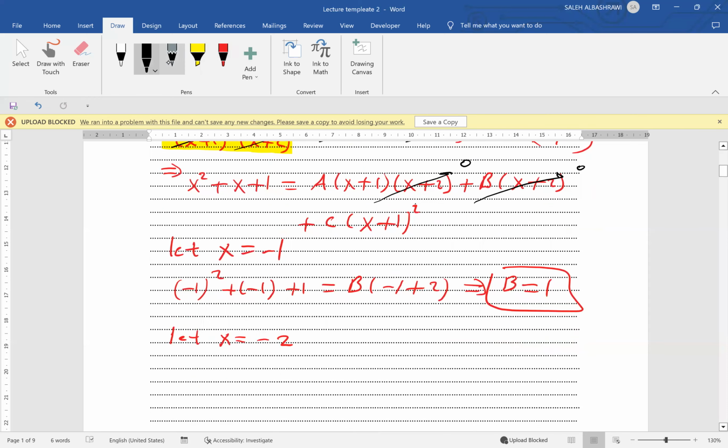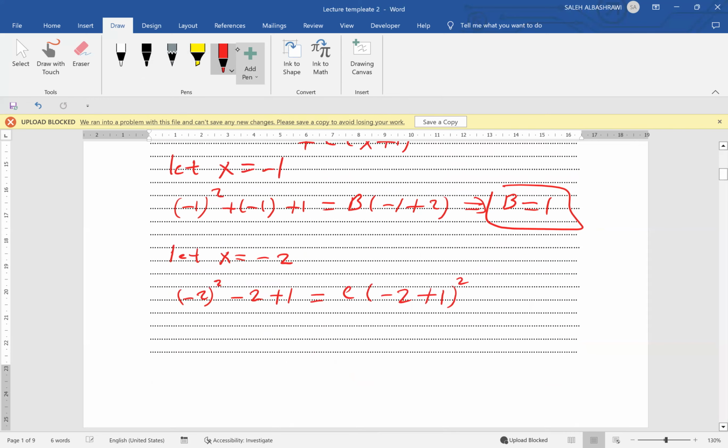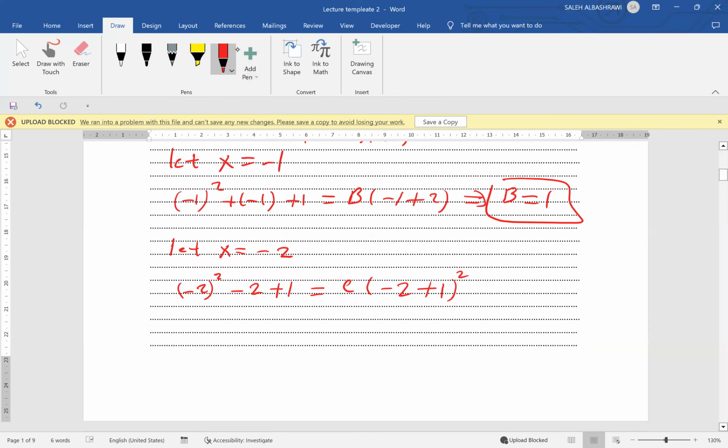So I'll have minus 2 to power 2 minus 2 plus 1 equal to 3 multiplied by minus 2 plus 1 all to power 2. On the left hand side, 4 minus 2 plus 1 is equal to 3. On the right hand side, minus 2 plus 1 is minus 1, to power 2 is equal to 1. So it is c only, c times 1. So c equal to 3.